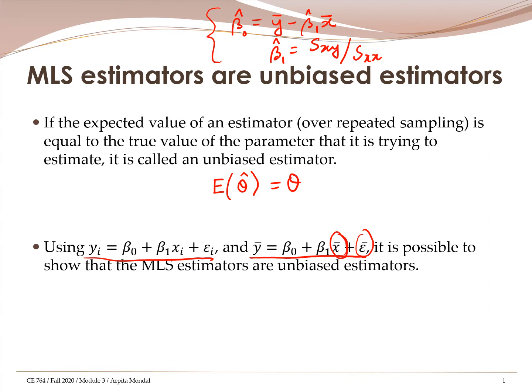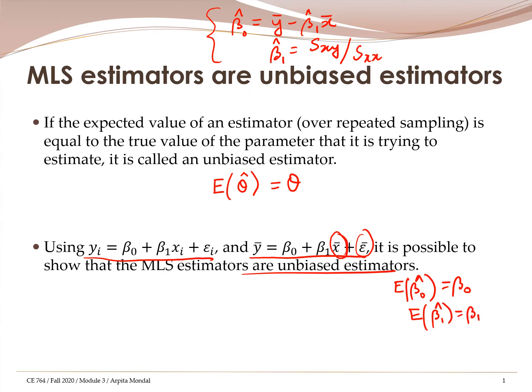I'll give you a small hint. All you have to do is to prove that the expected value of beta naught hat is equal to beta naught, the true parameter, and the expected value of beta 1 hat is equal to the true parameter beta 1.